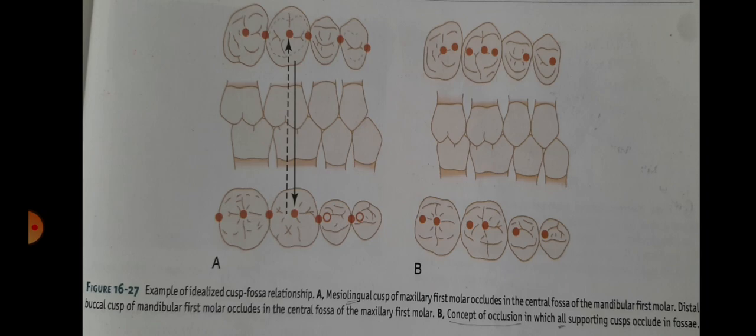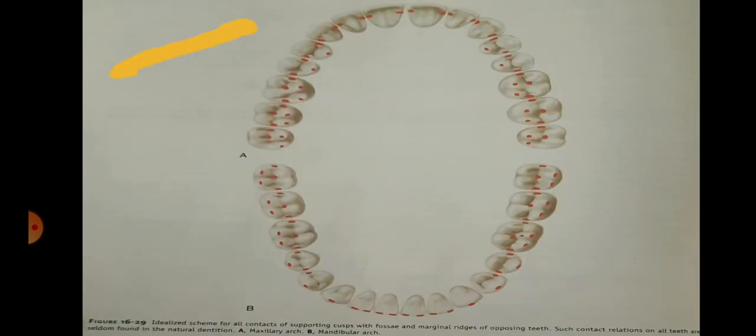An idealized schematic representation of all centric stops is shown in figure 16.29: an idealized scheme for all contacts of supporting cusps with fossae and marginal ridges of opposing teeth.